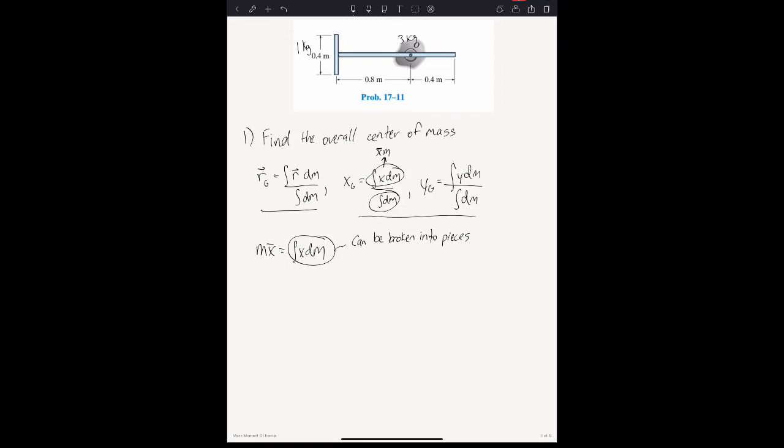So what I mean to say is that you can integrate this over different regions for your shape, and those can individually be the x bar of the first region times the mass of the first region, plus x bar of the second region times the mass of the second region, plus dot, dot, dot for all the others. So I should probably put a plus dot, dot, dot for this one too.